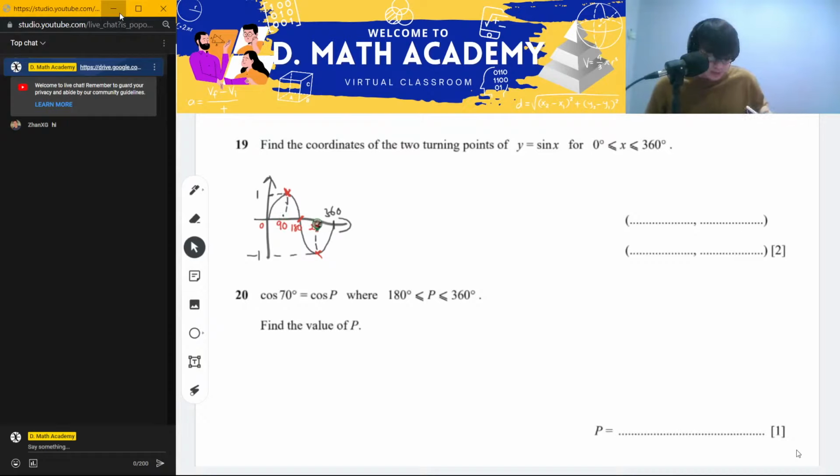So when you label down the points, you will get 90 degrees at +1, and when it is 270 degrees, it is at -1. So that's how you work out these results here: +1 and -1, 90 degrees and 270 degrees.